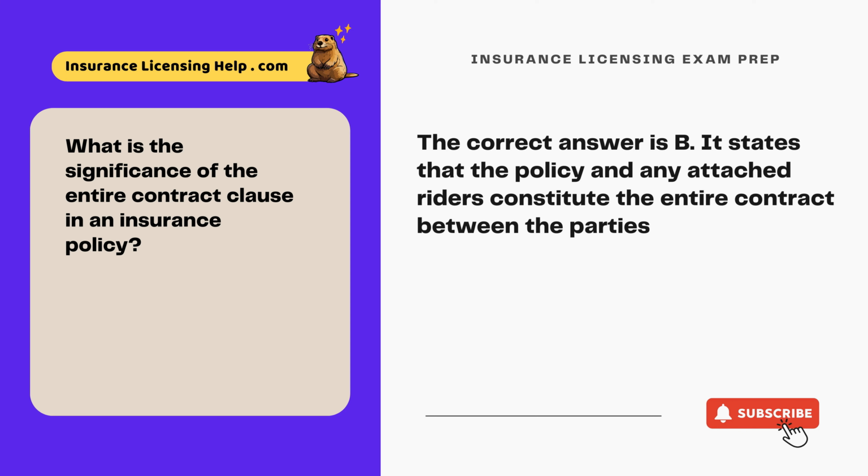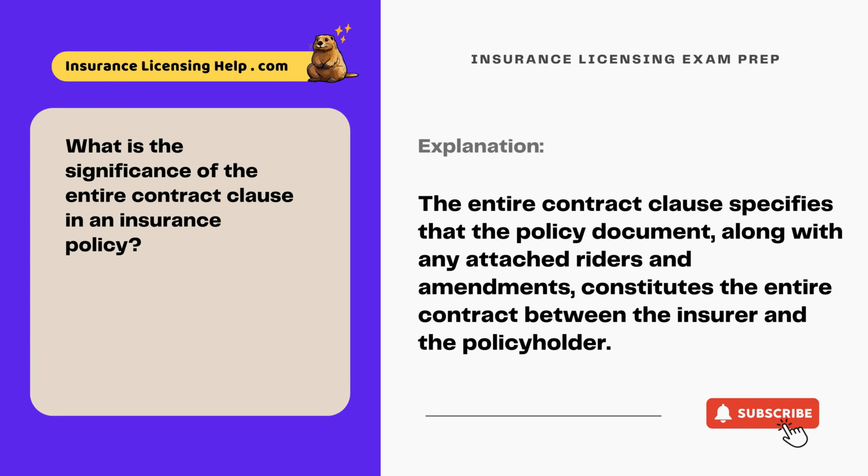The correct answer is B. It states that the policy and any attached riders constitute the entire contract between the parties. The entire contract clause specifies that the policy document, along with any attached riders and amendments, constitutes the entire contract between the insurer and the policyholder.